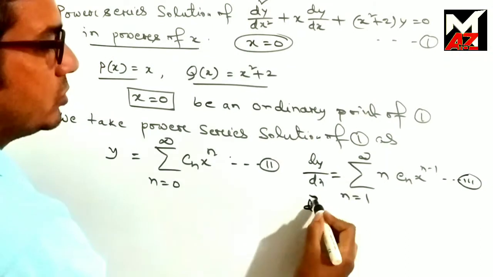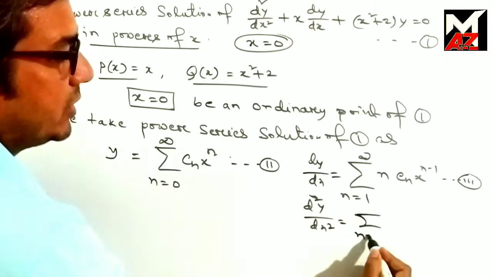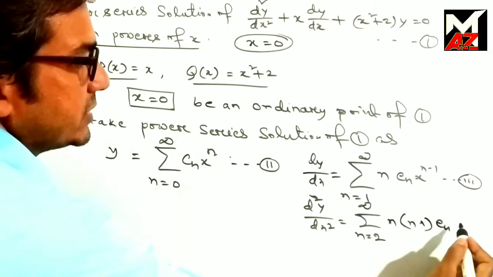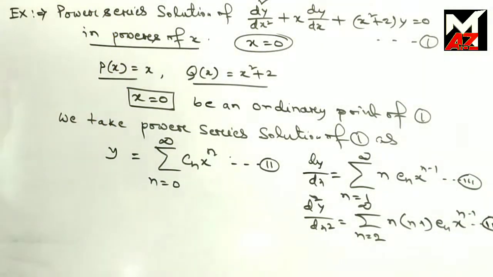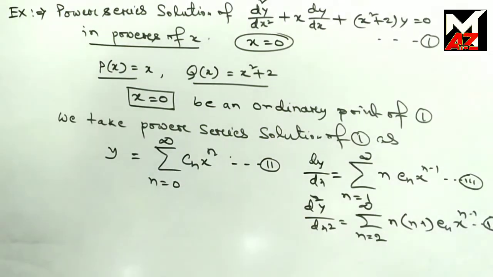And d2y by dx2 is equal to summation n equal to 2 to infinity n into n minus 1 cn x to the power n minus 2. This is 4.